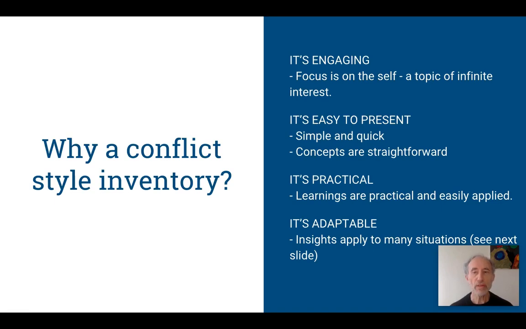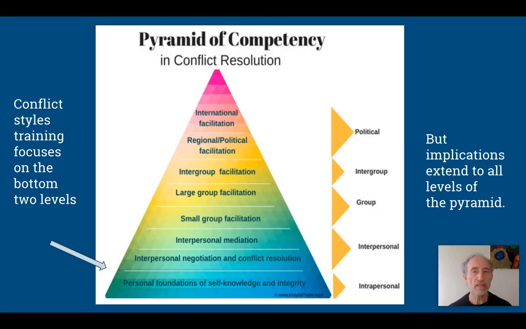And to just expand on that briefly, I'd like to go to the next slide here and take a look at a pyramid of competency that I developed many years ago and have used in a wide variety of settings throughout the world. I often use this pyramid to help people locate whatever training we're going to be doing in a larger context.